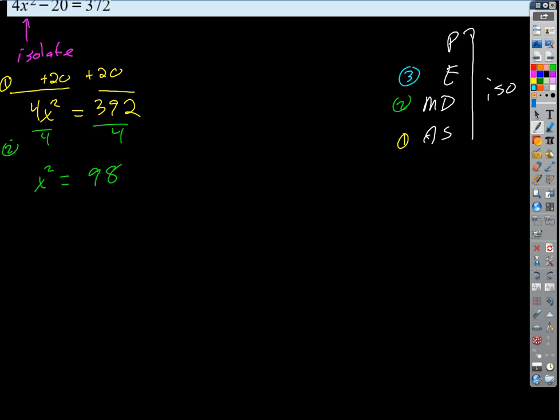Now I want to show you something here though, that now watch this closely, because we don't do this every time. You probably remember back in Algebra 2 that when you took a square root of both sides of an equation, you always ended up having to include something.